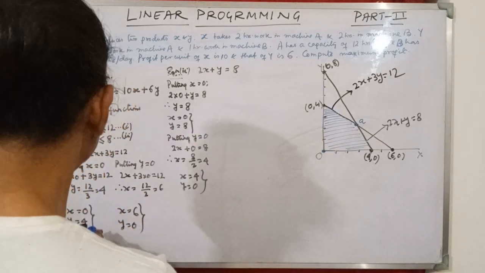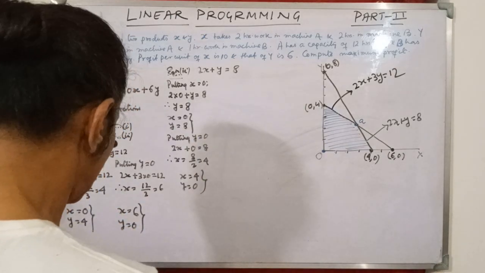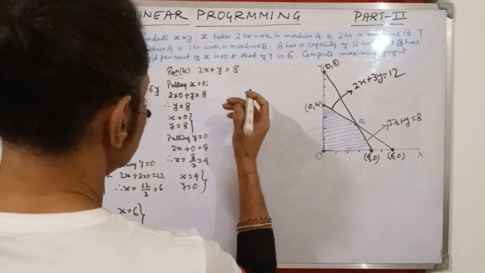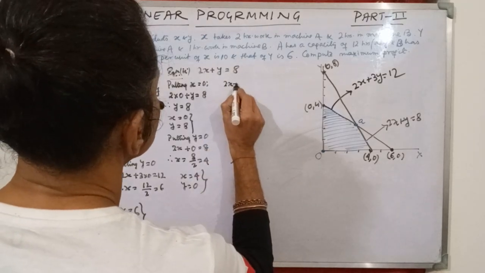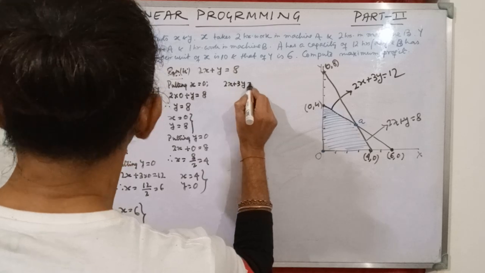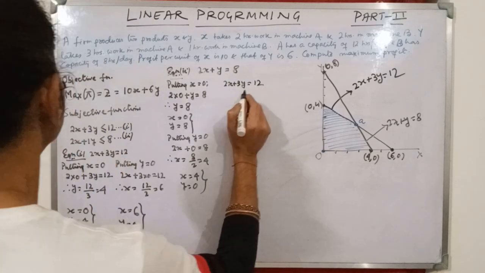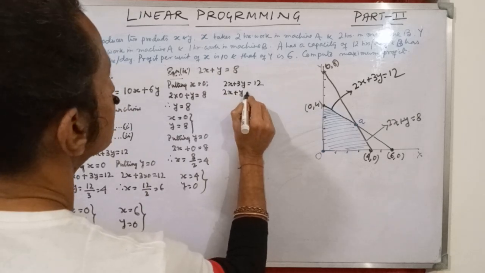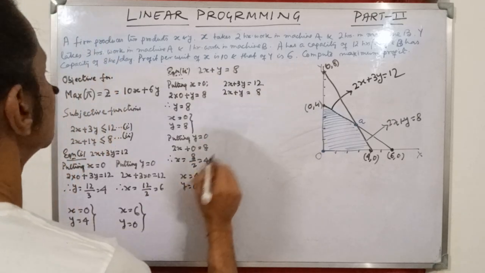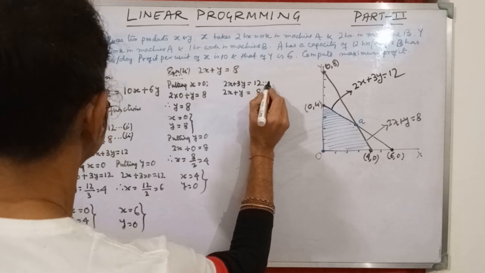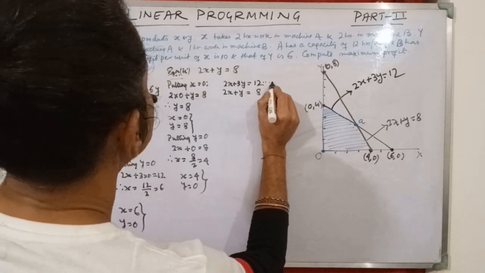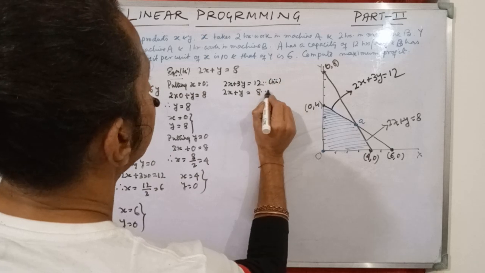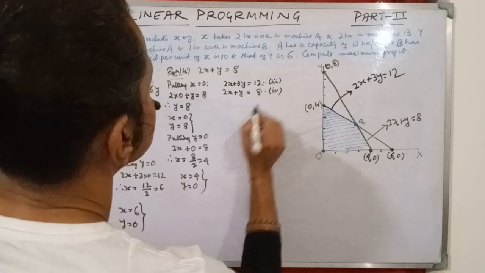What are the constraints? 2x plus 3y equals to 12, and 2x plus y equals to 8. Let this be equation 3 and let this be equation 4.